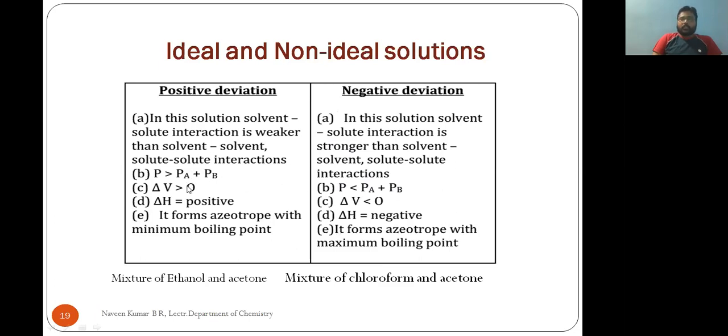Similarly, volume change after mixing is greater than 0 because of weaker interactions, and lesser than 0, a negative value, because of stronger interaction. Enthalpy of mixing is greater than 0, a positive value, because of weaker interaction, whereas in the case of negative deviation it is lesser than 0, a negative value, because of the stronger interaction seen between the solute and solvent.